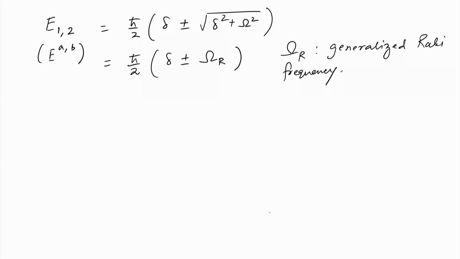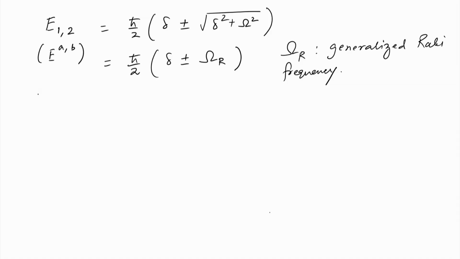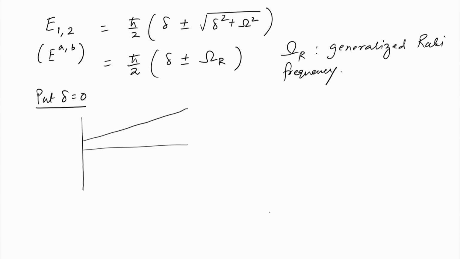So, in the absence of detuning, if you put delta equal to 0, the energy levels are simply minus ħ/2 omega r and plus ħ/2 omega r. Of course, these delta and omega are time independent, and these values can be plotted and they look something like this.